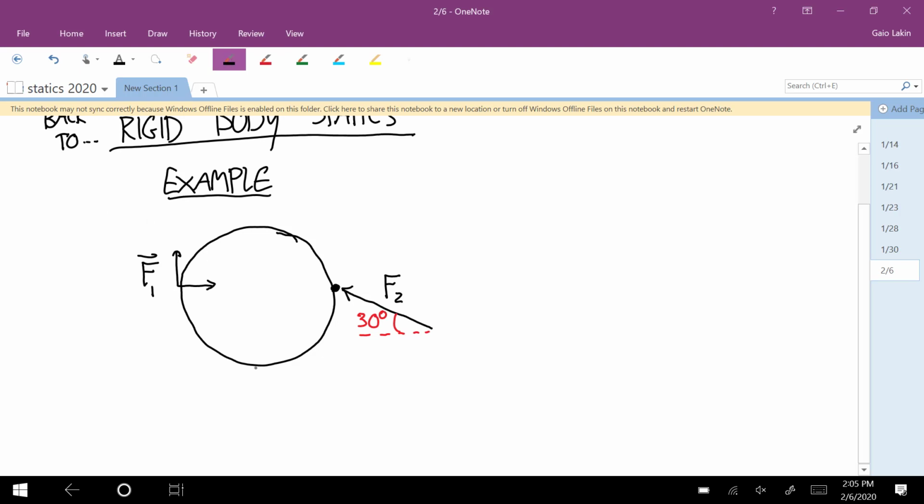And then down here at the bottom, there's a couple applied. Now that couple really is two equal and opposite forces, but I'm just going to represent it as a pure moment of 450 Newton meters.